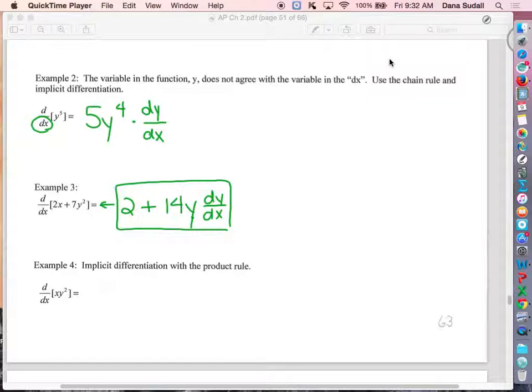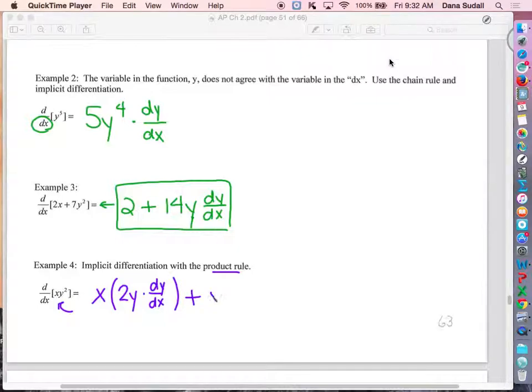All right, and all the rules that you had before still apply. So this is two functions in the next example here multiplied together. So we need to use a product rule for that. So if I take the derivative of this one, it would be the first function times the derivative of the second. Derivative of y squared would be 2y. It's not an x, so I need dy over dx with it.